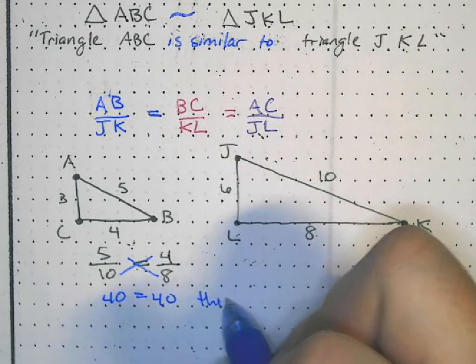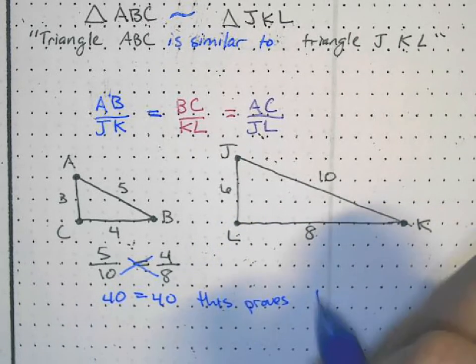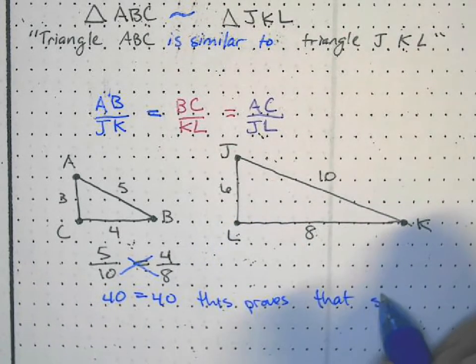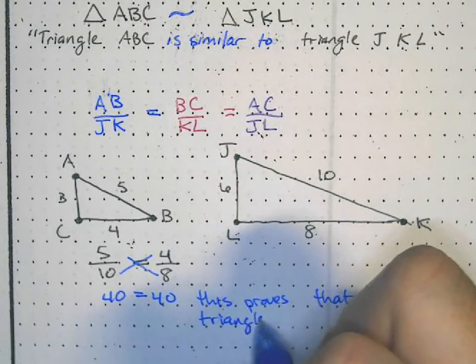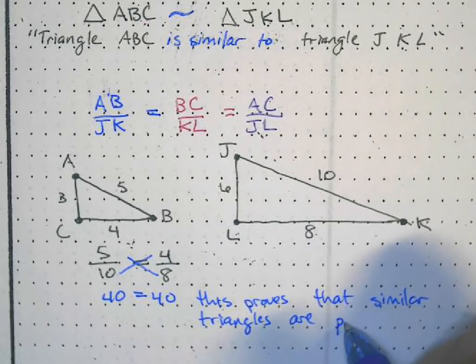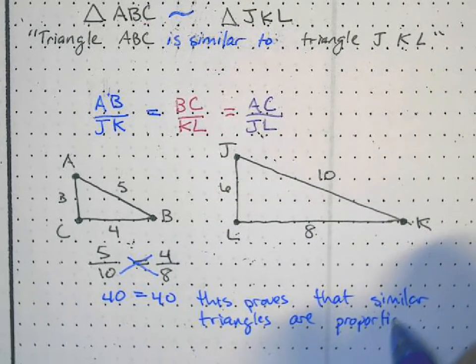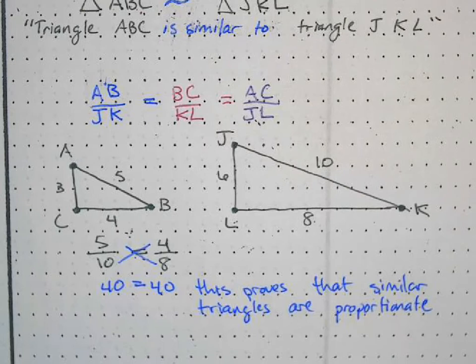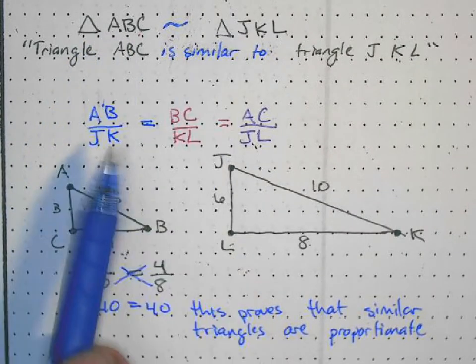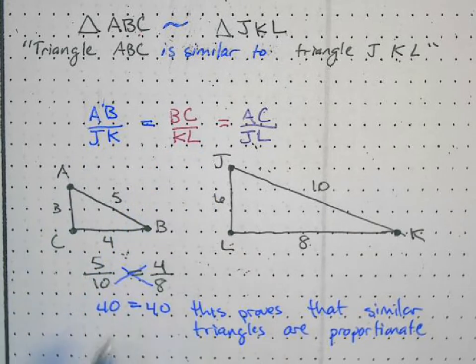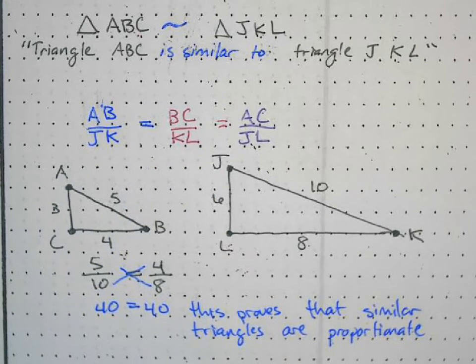And this proves that similar triangles are proportionate. So we're going to use the order of our letters to set up our proportion, and then we'll use cross multiplying to help us solve. Let's do a couple examples.